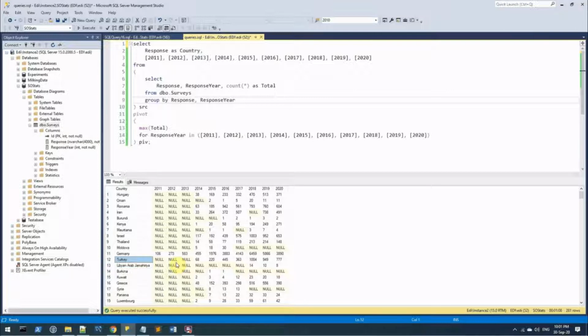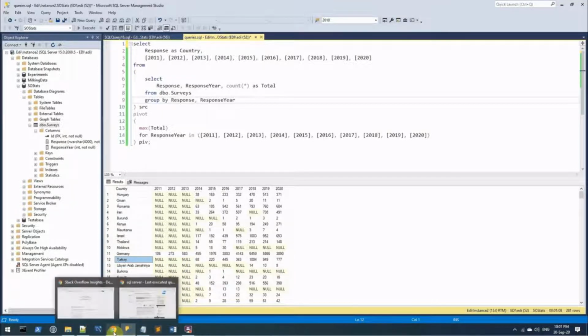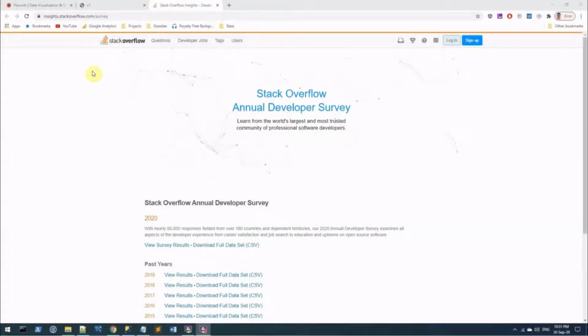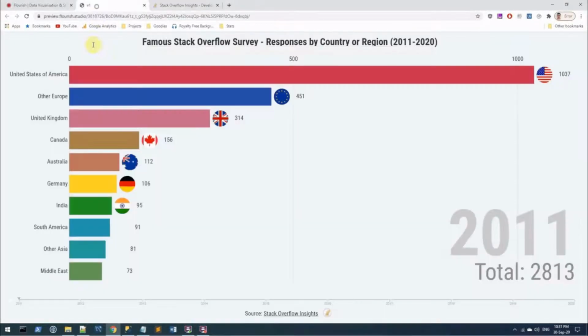Now with this output, we have a website called Flourish that we can use for building the racing bar chart. So after some tweaks here and there, like adding some flags or changing some colors, we ended up with something like this.